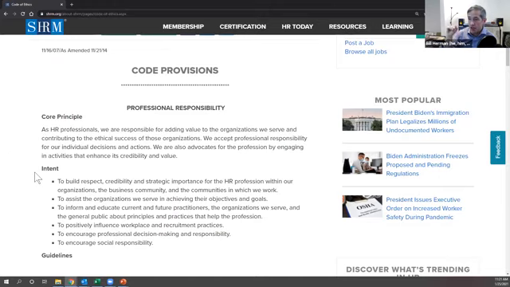Right, so the intent here is to build respect, credibility, and strategic importance for the HR profession within our organizations, the business community, and the communities in which we work, to assist the organizations we serve in achieving their objectives and goals, to inform and educate current and future practitioners, the organizations we serve, and the general public about principles and practices that help the profession.